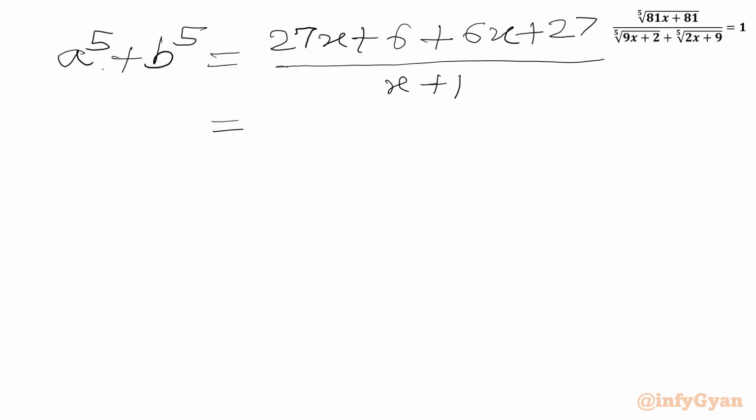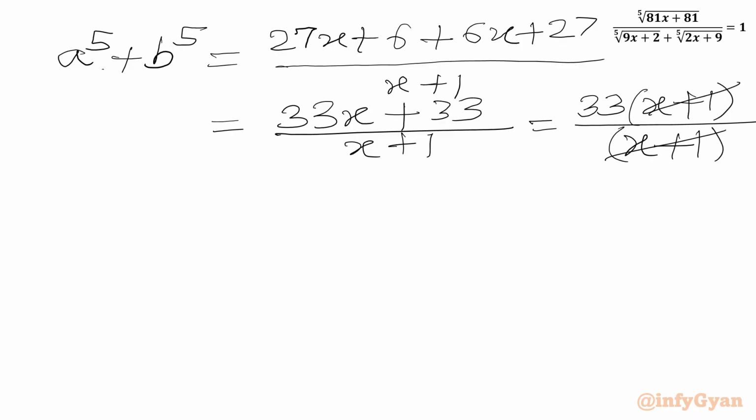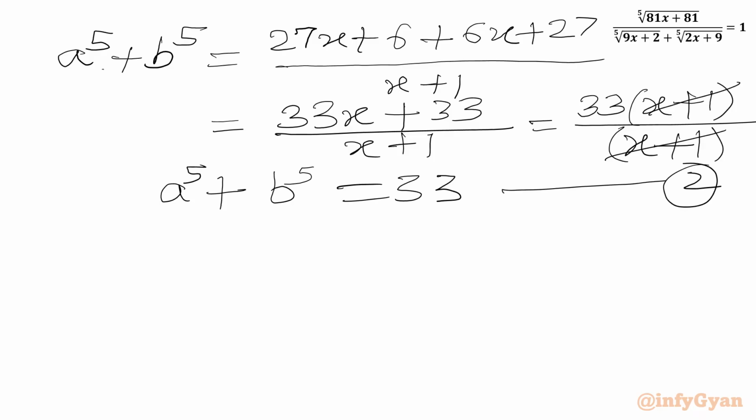So we will get 27 plus 6, 33x, 6 plus 27, 33, over x plus 1. So we can take 33 common. In the bracket we write x plus 1, which matches our denominator. Now we get a power 5 plus b power 5 equal to 33. This equation we will call equation 2.